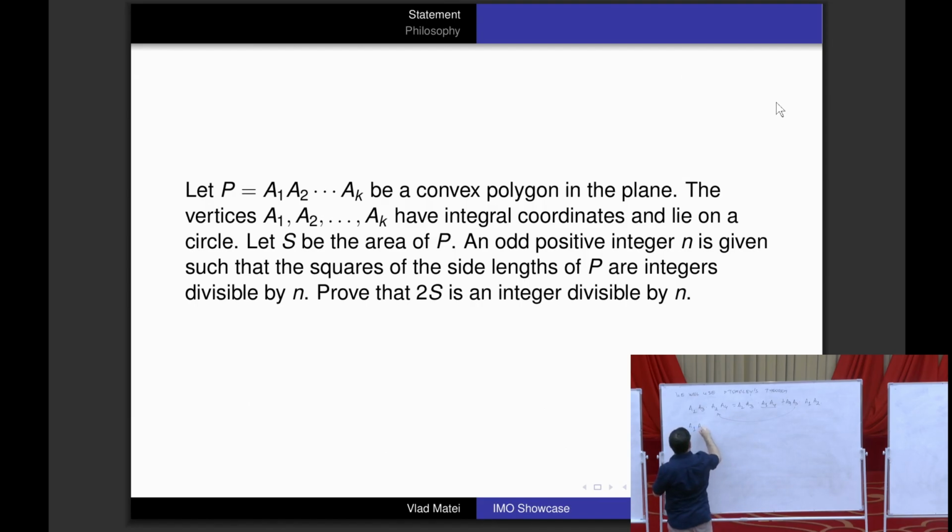We have A1A3 times A2A4 minus A4A3 times A1A2, all squared. This is equal to A2A3 squared times A1A4 squared.